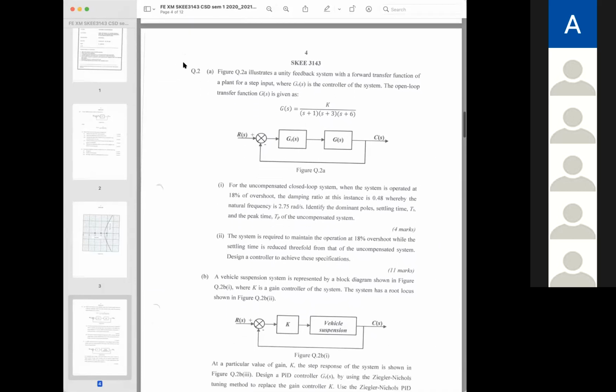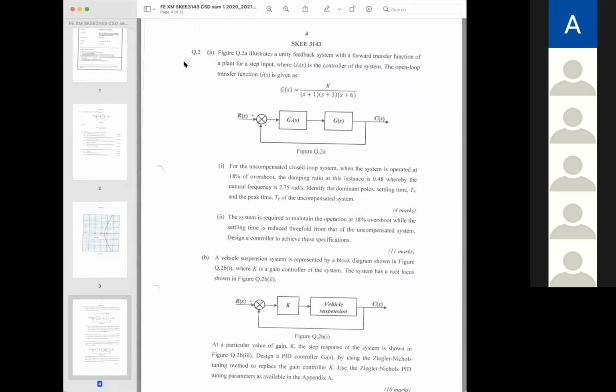Yes, please. Figure Q.2a illustrates a unity feedback system with a forward transfer function of a plant for a step input, where Gc(s) is the controller of the system. The open loop transfer function G(s) is given as shown in the figure.